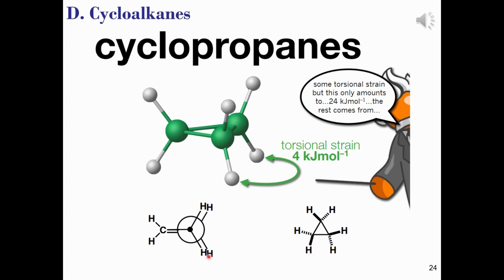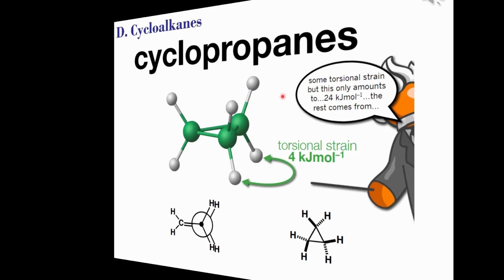So that's 12 on the top and 12 on the bottom. But the rest of the strain comes from something called ring strain. And we can look on the next slide at how the size of the ring can affect the degree of ring strain. Let's take a look at this now.